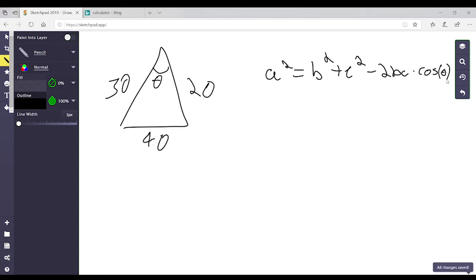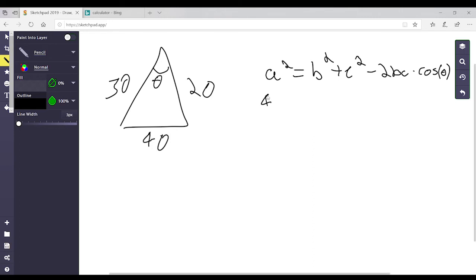We just used the notation theta because there's only one theta. So we know a is going to be the side that is across from theta, right? So a must be 40 because it's the side that's across from the angle that we're trying to get.